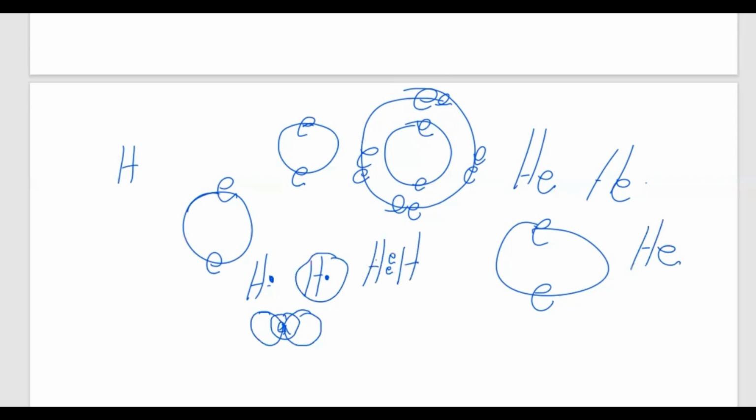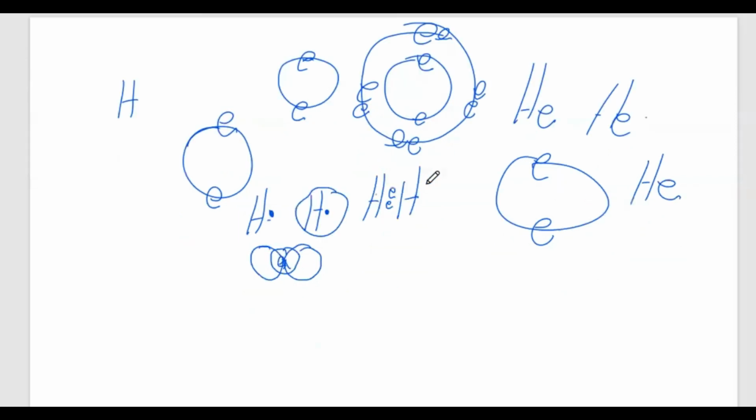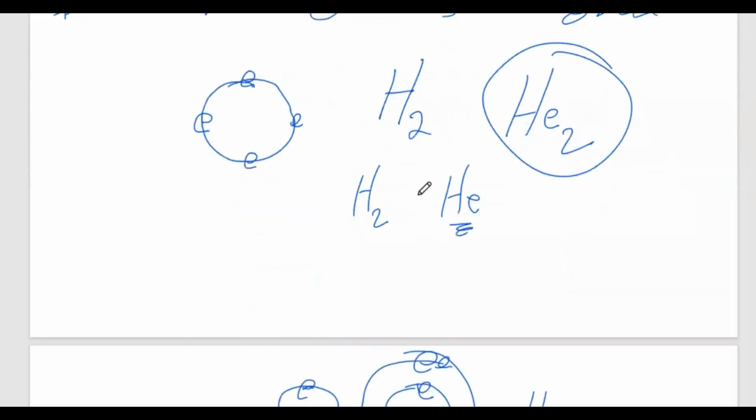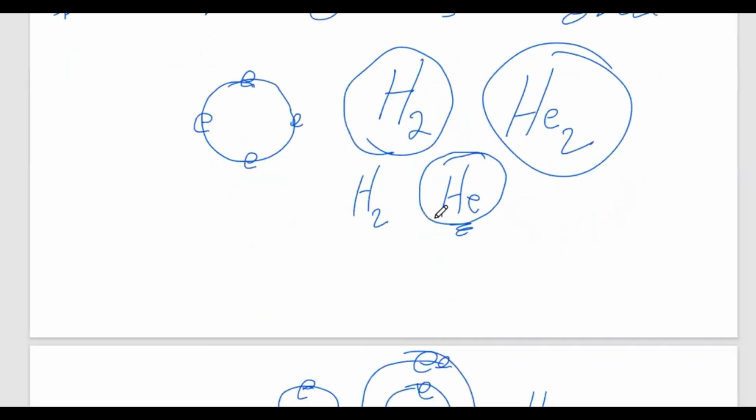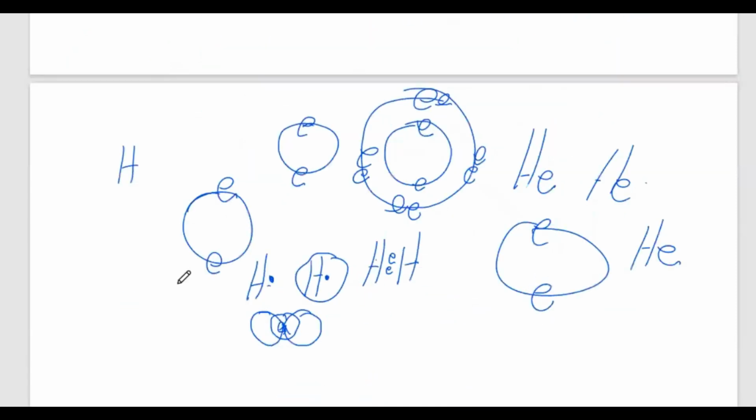I think I'm clear there. So now you know why hydrogen forms this diatomic molecule, while helium only has 1 atom. I think I've explained it: because of the number of electrons outside.